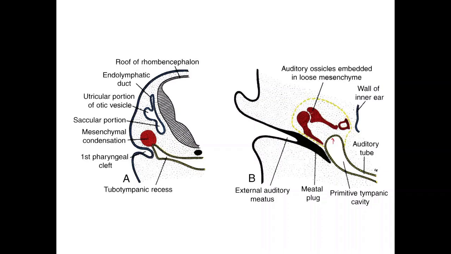The cavity will be all around and they will also be covered with the endoderm. It's like the cavity will just engulf these ossicles in here. And that's how we can connect the external ear, the middle ear and the inner ear together.